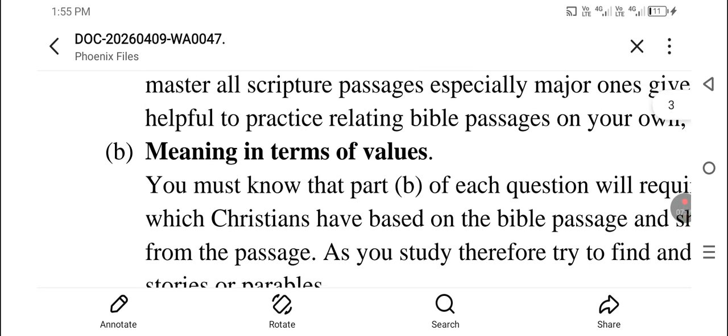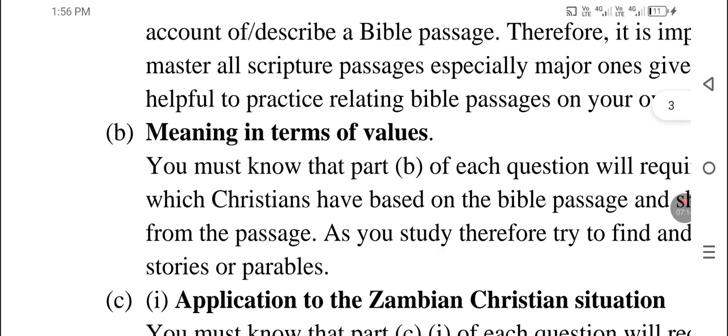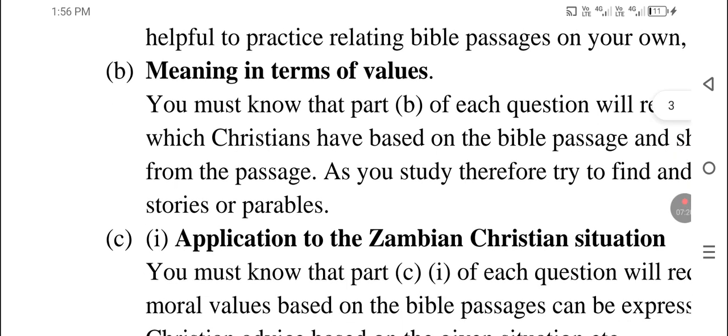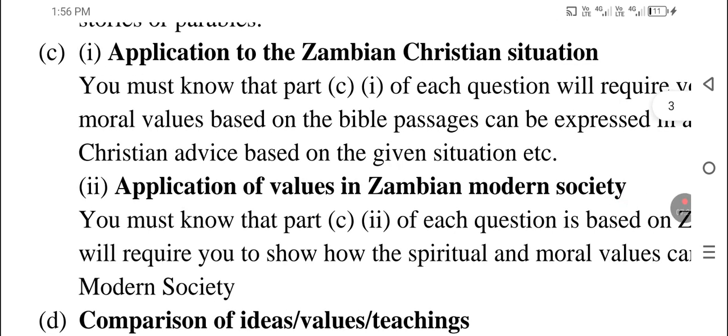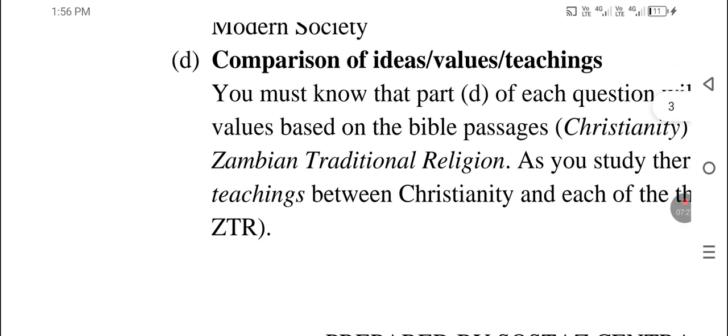So make sure you master them. How can you master them? By buying a small book or just a normal book, and then you write them down. By doing so, you're able to master them.